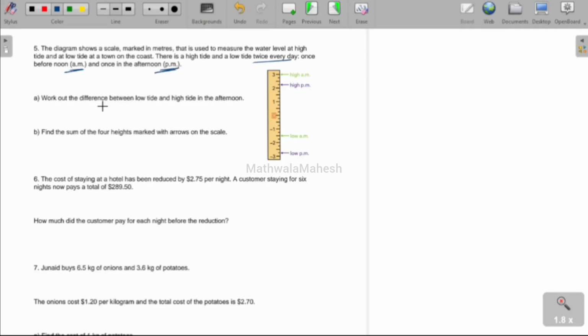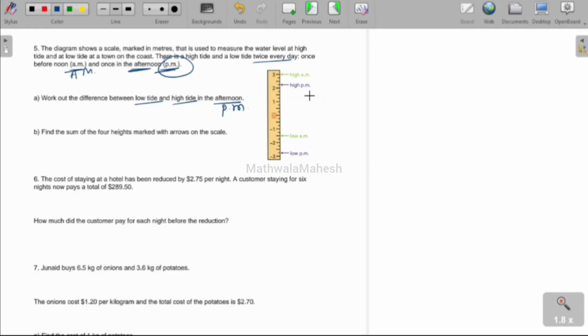So we have to work out the difference between low tide and high tide in the afternoon. For the afternoon, we use the term PM, and for before noon, we use AM.